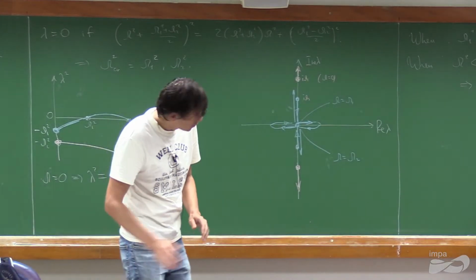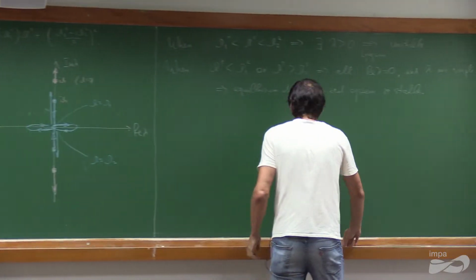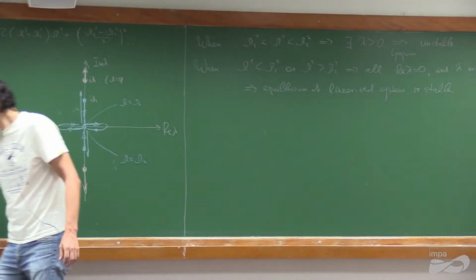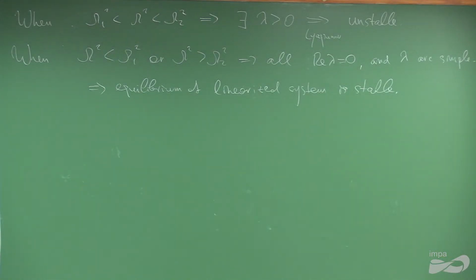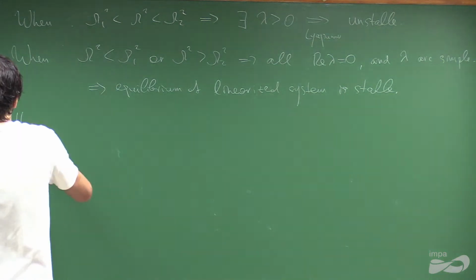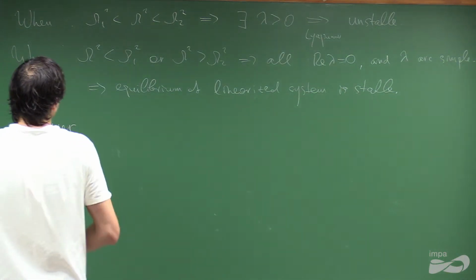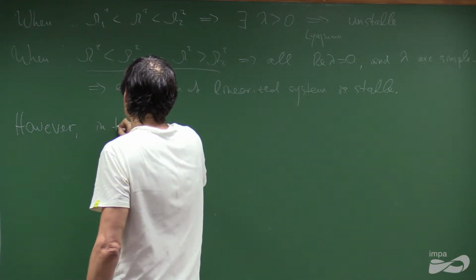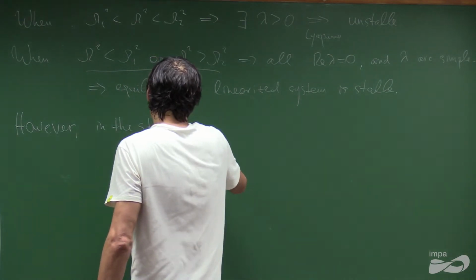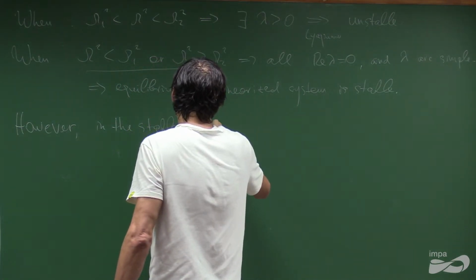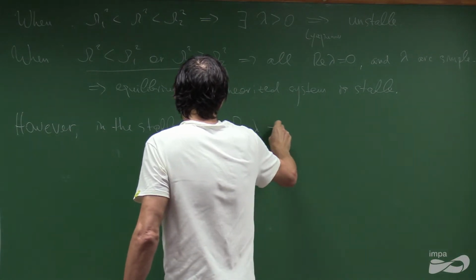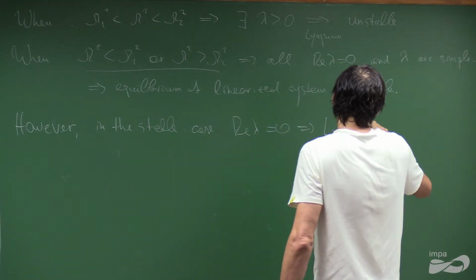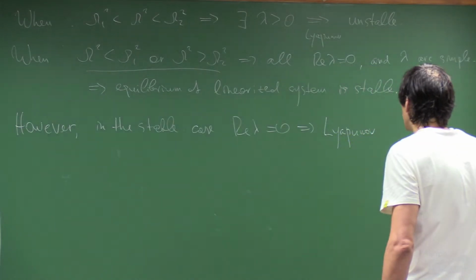Okay, so the next remark is that, however, in this stable case we have a real part equal to 0, which means that we are in the Lyapunov special case.